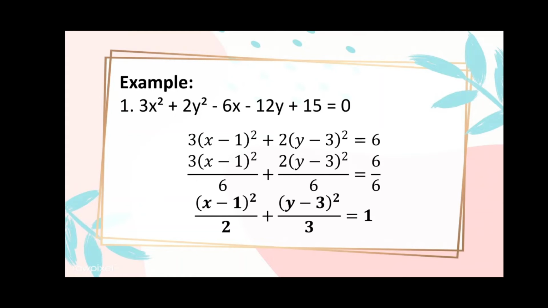So 3 divided by 6 is 1 half. Then 2 divided by 6 is 1/3. So we have x minus 1 quantity squared all over 2 plus y minus 3 quantity squared all over 3 is equal to 1.